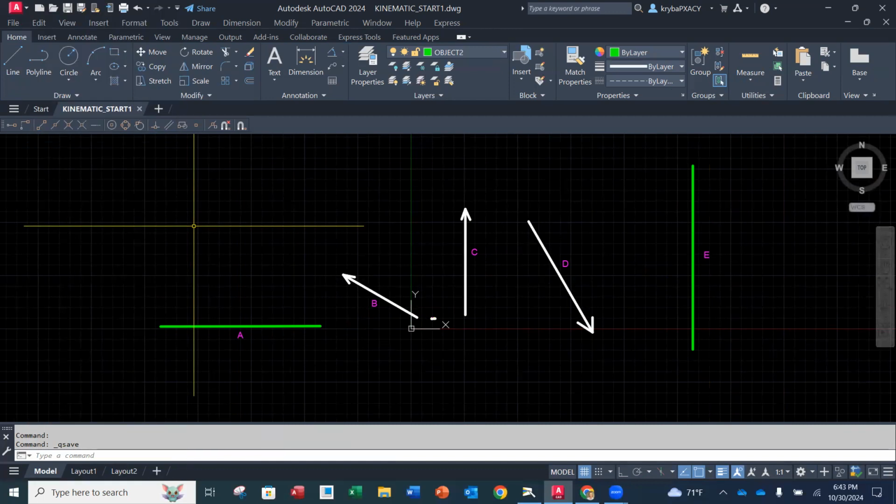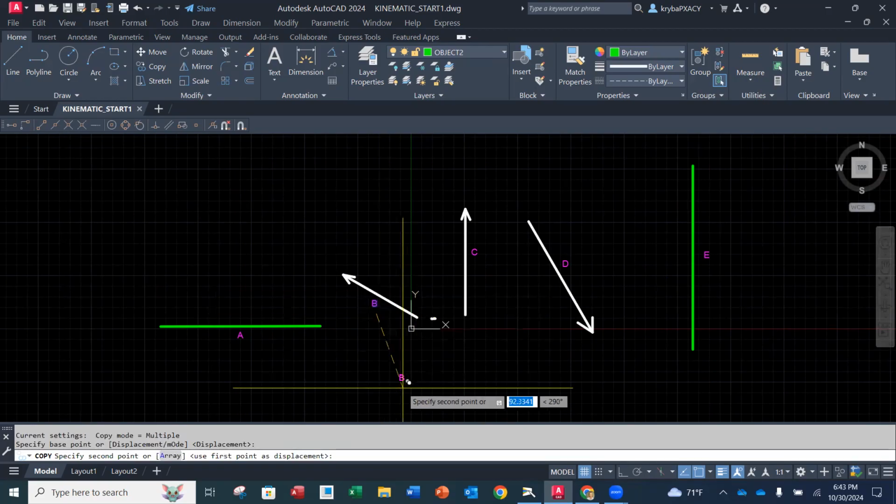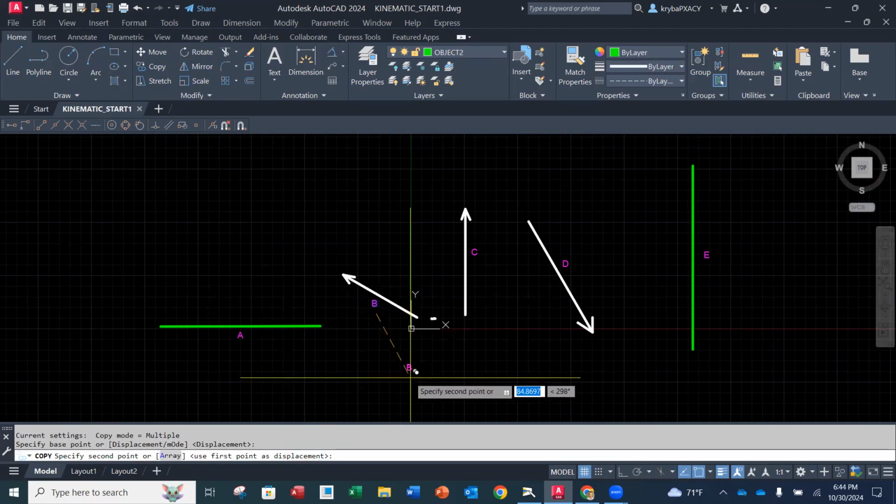Now, I want to show the equation in the order that I'm going to add these. So I'm just going to copy one of my variables. Since I'm starting with B, I'm going to copy this one. I'm going to put it, doesn't really matter, I don't think.